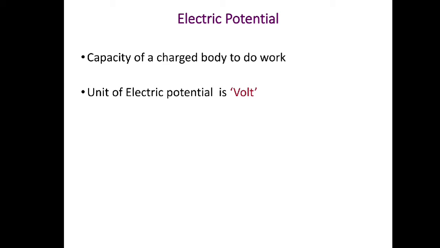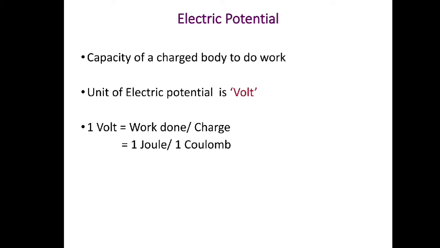Now see the electric potential. It is the capacity of a charged body to do work. How much energy is required to bring a positive charge to a particular point is said to be the electric potential.